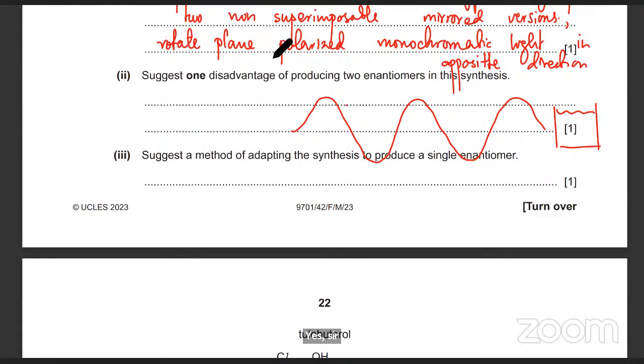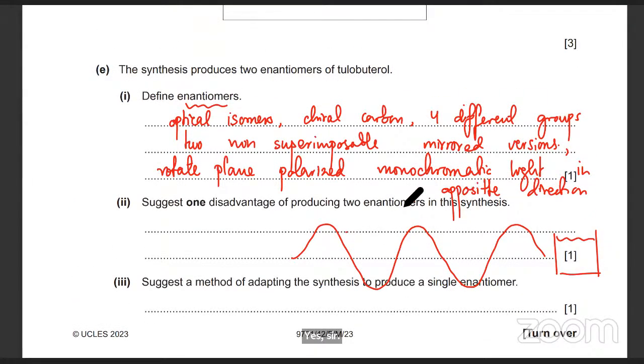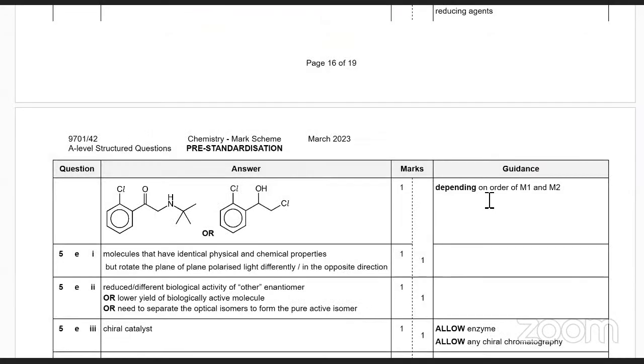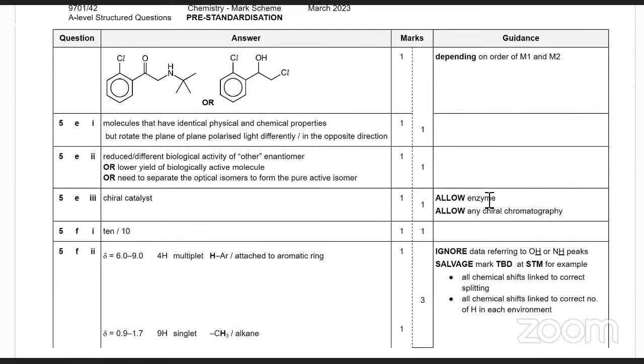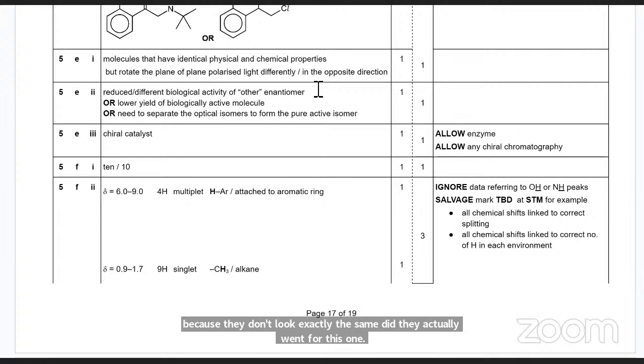So that's it. You don't have to go into details with this. I just wanted to figure out what exactly they meant when they wanted to define enantiomers. They didn't actually ask for what optical isomerism was. They stated that the molecules have identical physical and chemical properties because they look exactly the same, but they rotate the plane of polarized light differently in opposite directions.